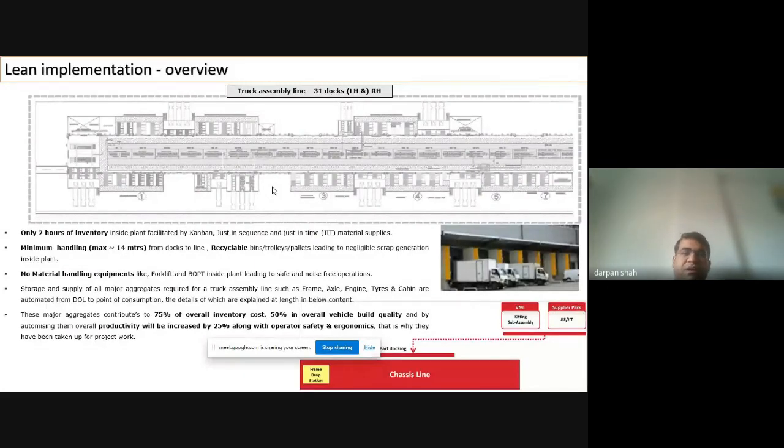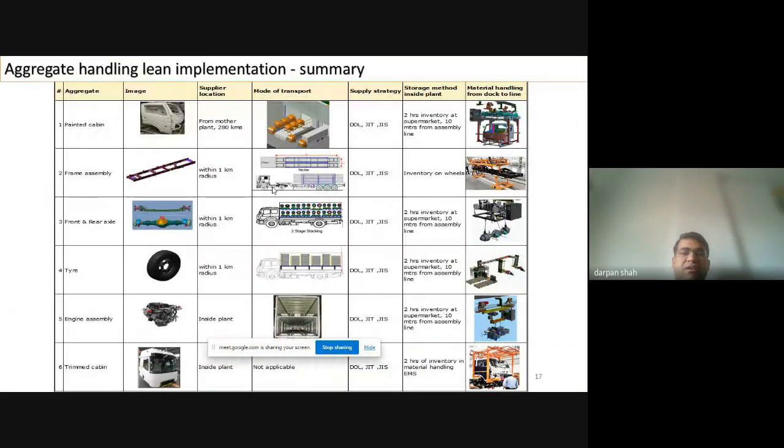Going forward with this overview, I'll brief you about the automation level required for major aggregates, because these aggregates have a lot of weight, are bulky in nature, and are very essential for a particular truck to get assembled on time. As we have seen earlier, the painted cabin is one such aggregate, and frame assembly is another.